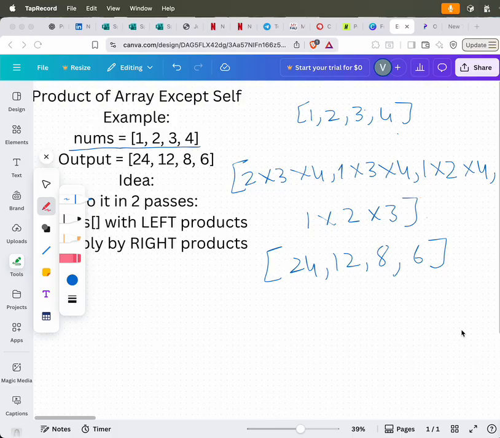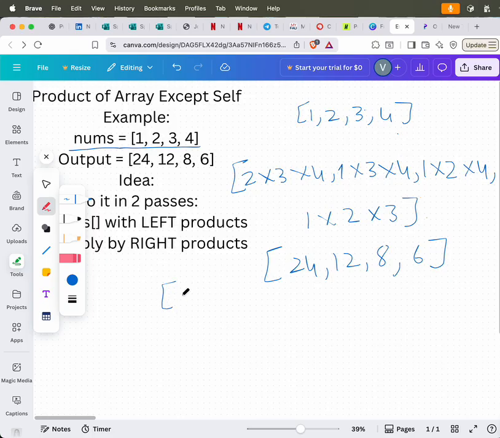So now let's solve this. You can easily say that we can do division, but the interviewer gave a condition that you can't do division. Division, what do you mean by division?